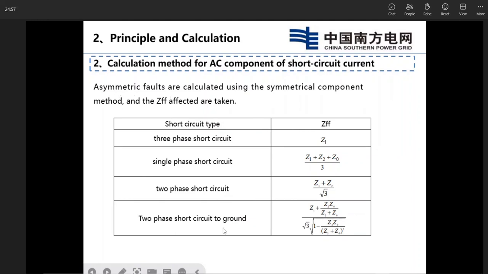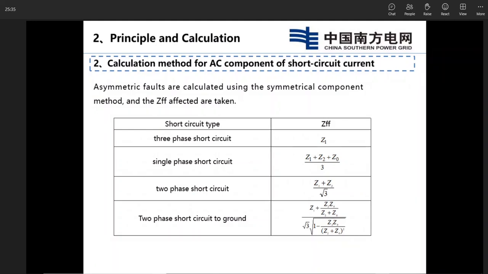This is a table that shows what the value of the self-impedance is. Because when the fault is asymmetric, the ZFF is different. Z1 means the positive sequence component of self-impedance. Z2 means the negative sequence component of self-impedance.